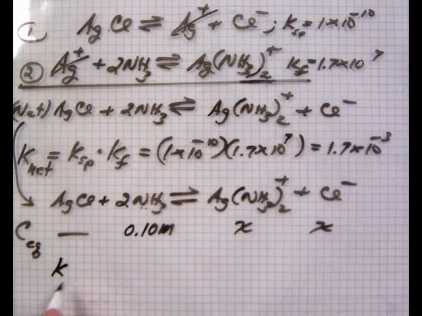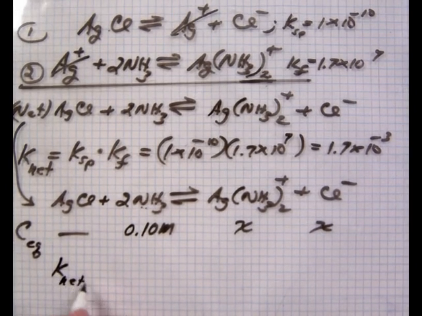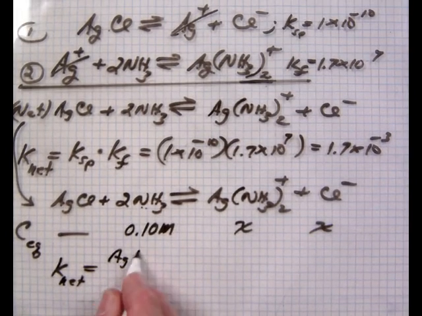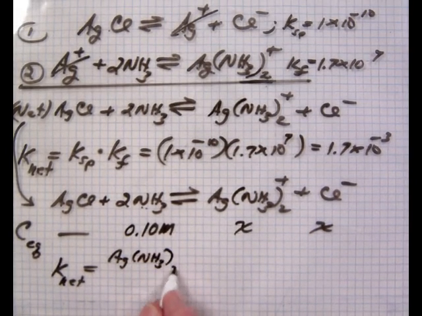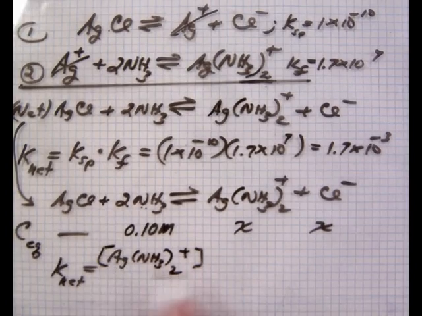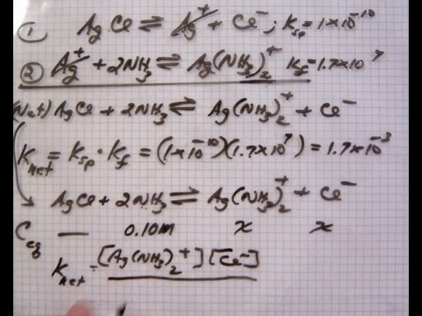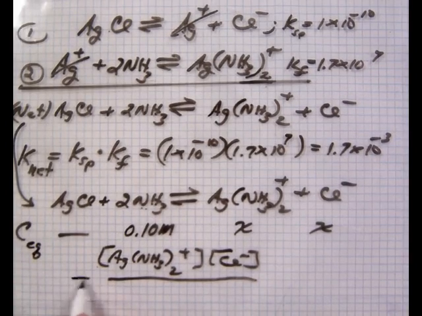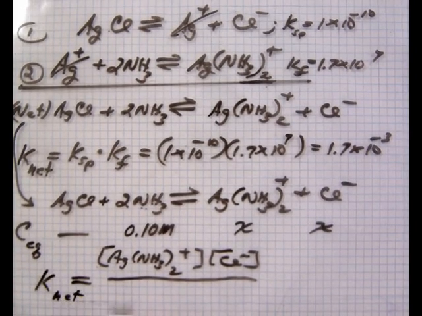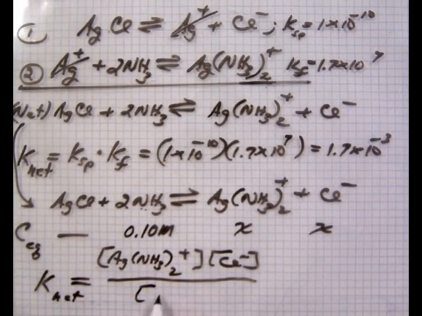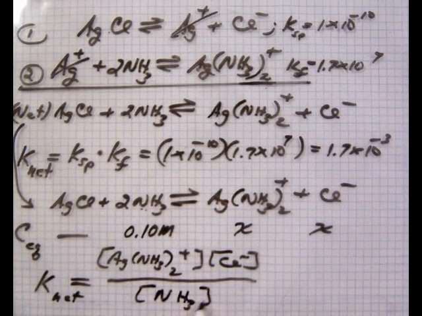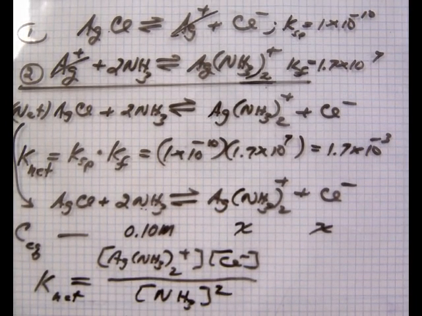Your K net is silver amine complex times chloride, all divided by ammonia, and you have to square that because there are two of them.